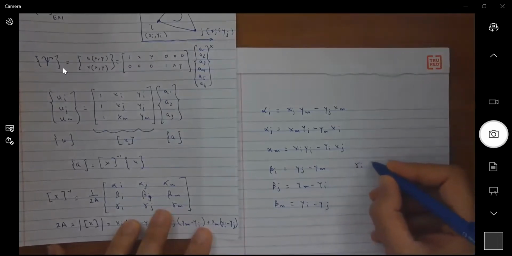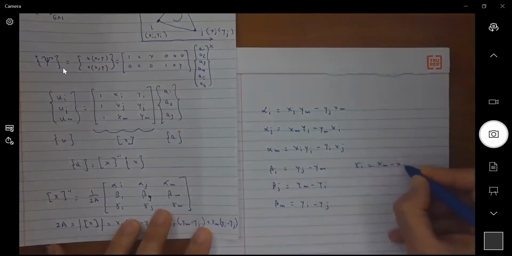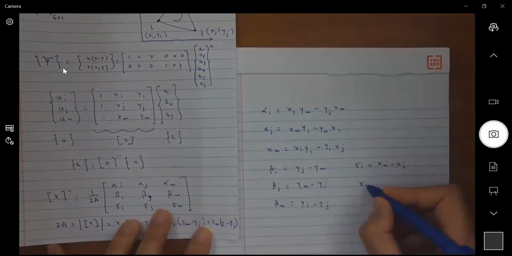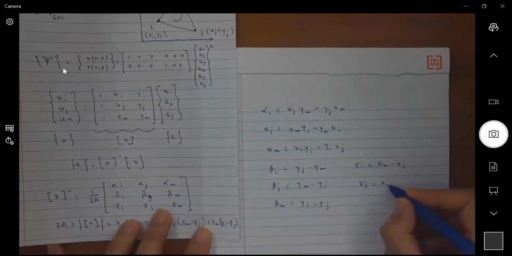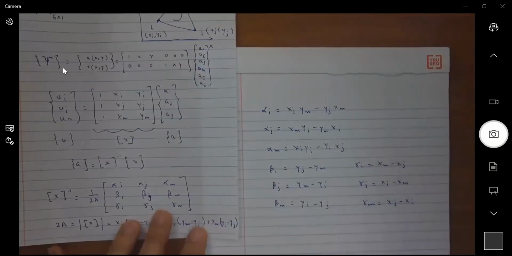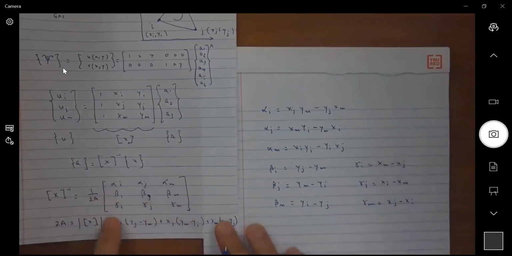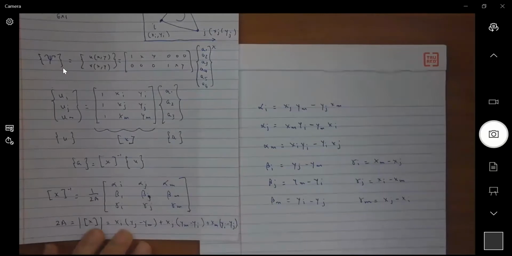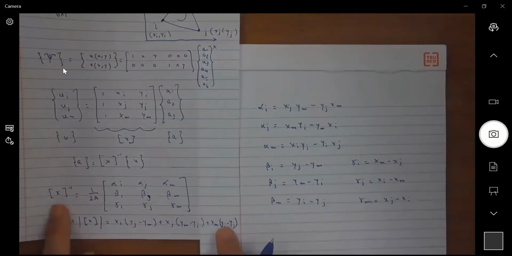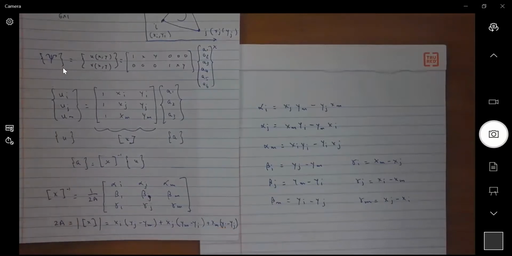Gamma I is equal to Xm minus Xj, gamma J equal to Xi minus Xm, and gamma M equal to Xj minus Xi. So these are the 9 elements that we're going to be using for the inverse of X.